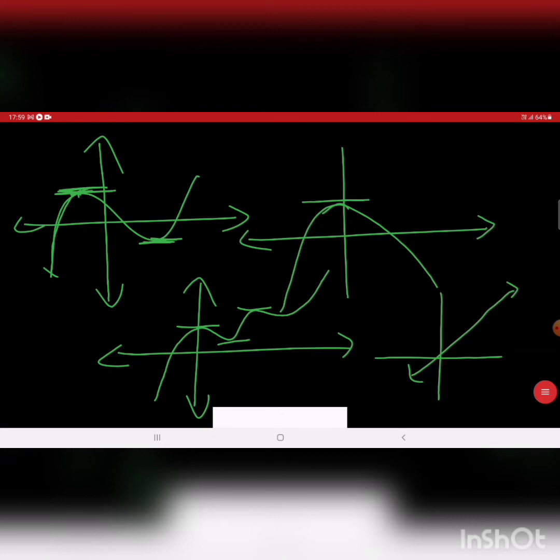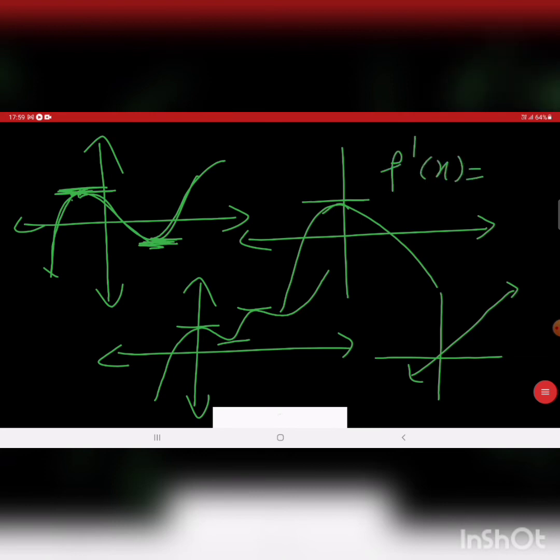Now after this point, it is decreasing. Now after this turning point, again it increases. So the turning points divide the domain of the function into intervals. In those intervals, the function may be increasing or decreasing. At that turning point, the f dash is 0.